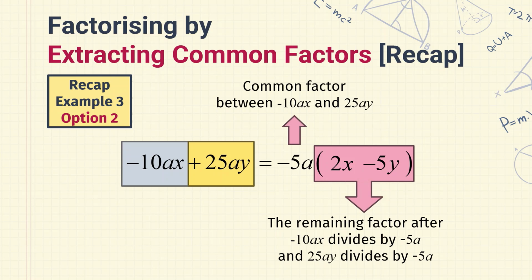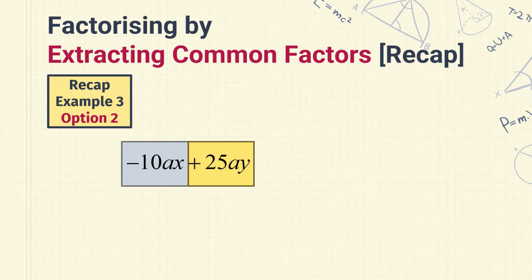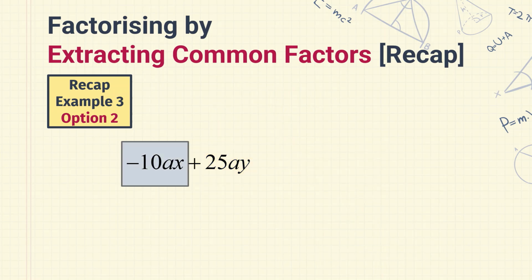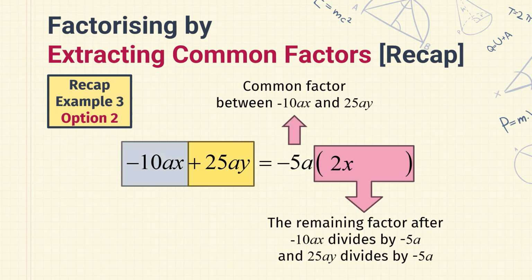While on the other hand, in the earlier option, we have a positive 5a multiplying by negative 2x plus 5y. So either one of these answers is acceptable, since it is not a case of both terms having negative sign. So it is different from our example 2.